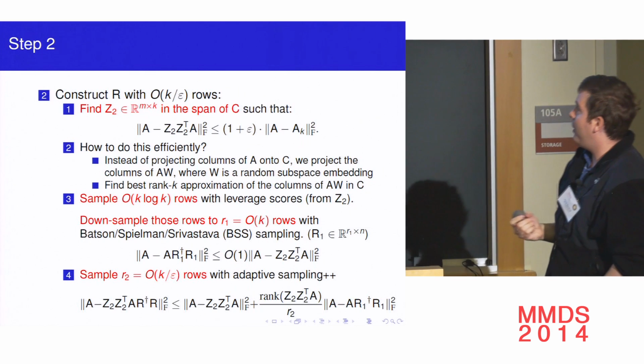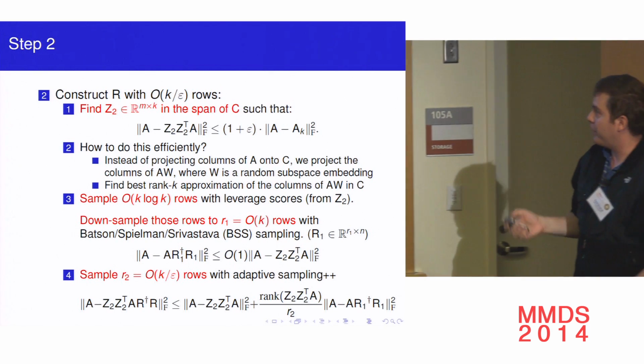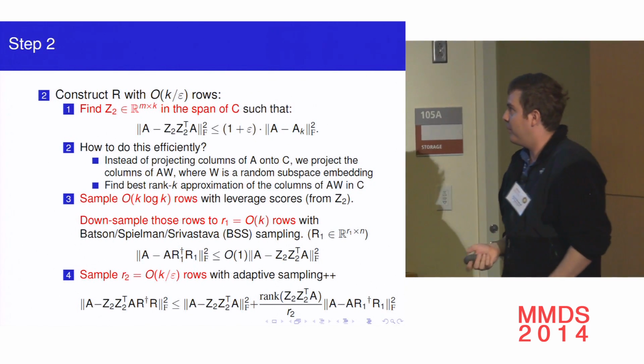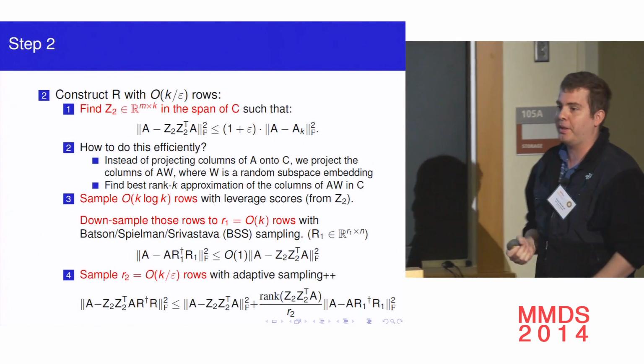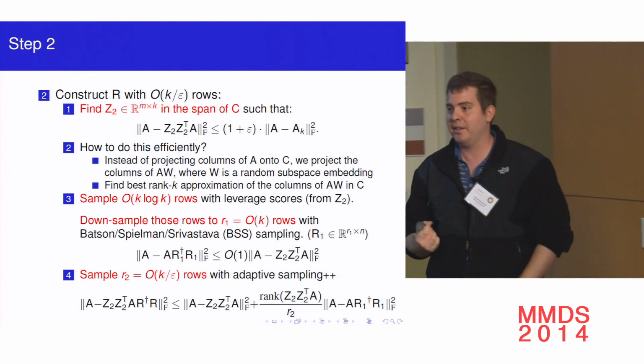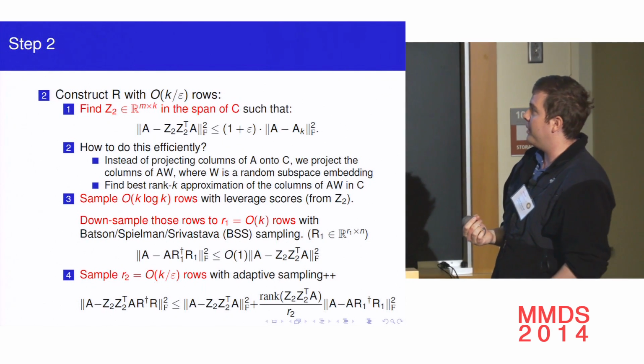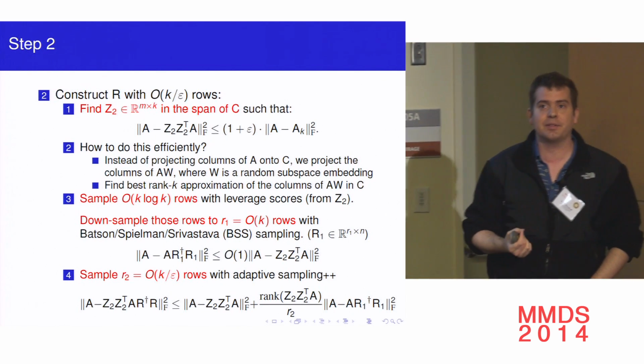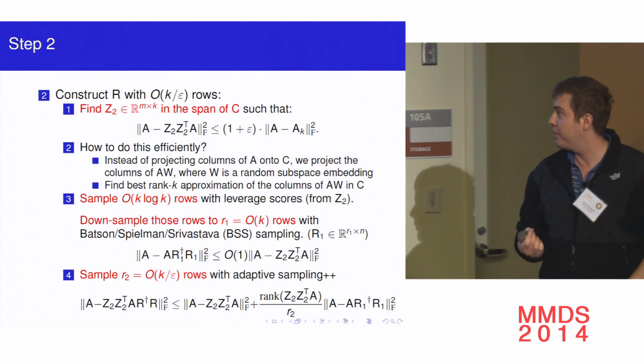Okay, but now comes a sort of trick that I would like to call adaptive sampling plus plus. This is a theorem in the Wang and Zhang work, which generalizes the adaptive sampling of Deshpande and Vempala.